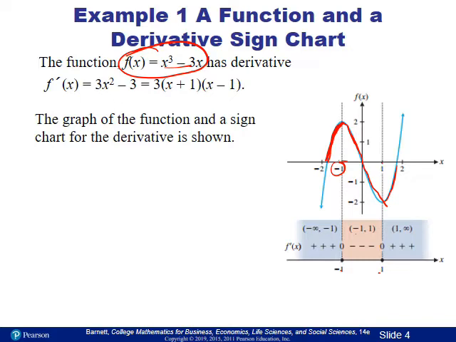So from here we can conclude that if the function is increasing, the derivative, like f dash of x, will be positive, and if the function is decreasing, then the derivative is negative.